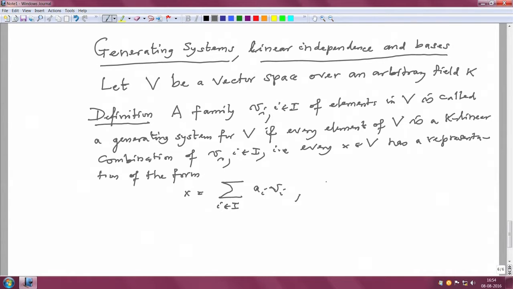So that means, in notation from our earlier lectures, this I-tuple a_i belongs to K power round bracket I. Recall that only those I-tuples belong to K power round bracket I for which a_i is equal to 0 for almost all i. So that means this sum is really a finite sum.